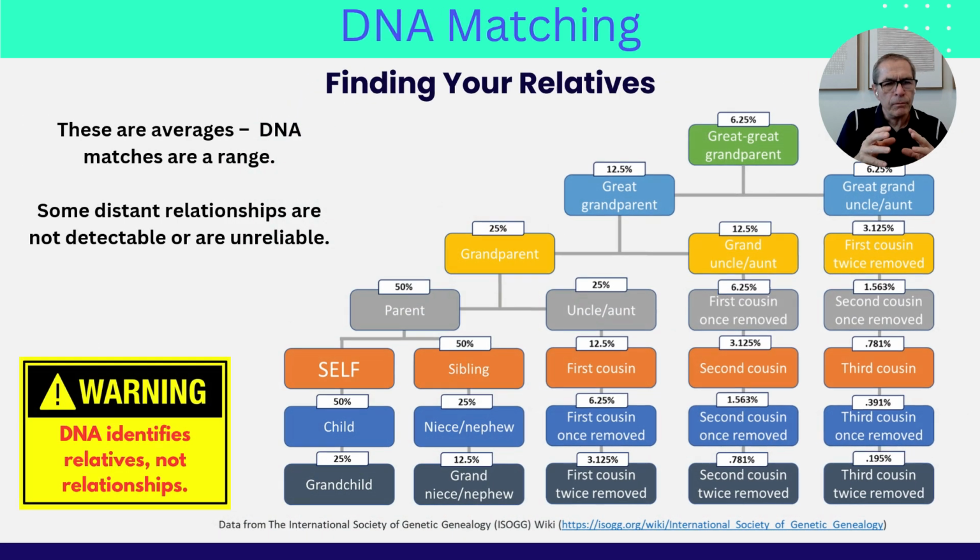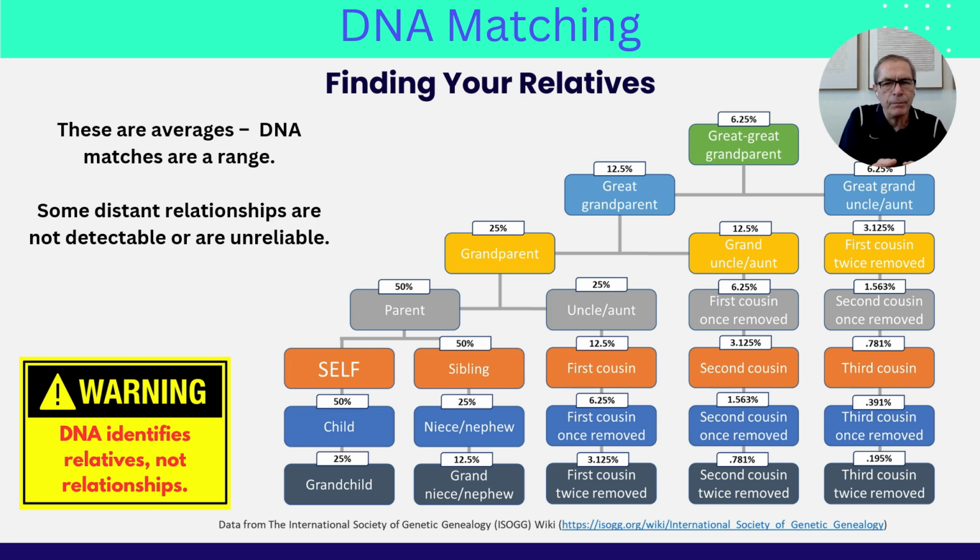As most people know, we inherit our DNA from our parents, approximately 50% from each parent, or 25% from each grandparent, and we pass on about 50% to our children. So we can look at the broad percentages and identify relatives here, not relationships with relatives.